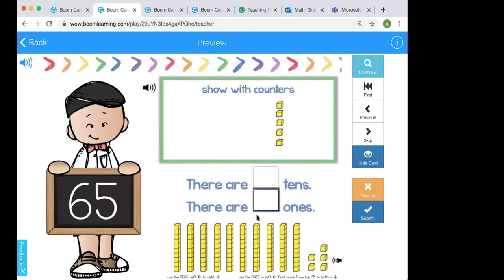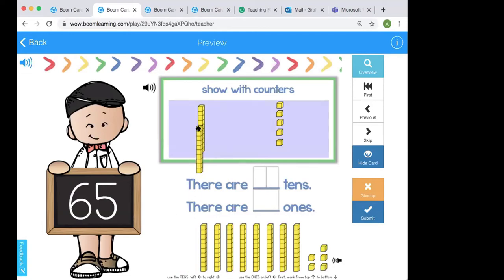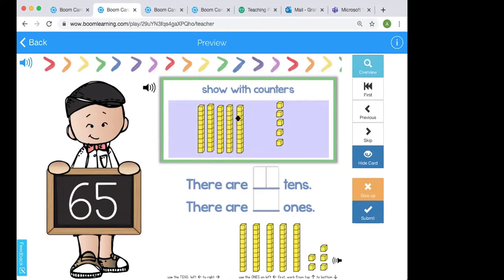How many tens should I add? Boys and girls, can you help me? What do you think? If we already used 5, I think it's 6, right? Let's see. 1, 2, 3, 4, 5, 6.